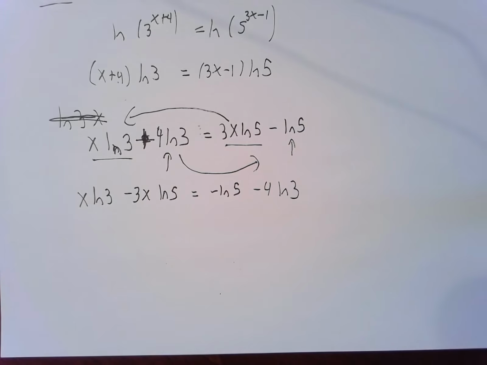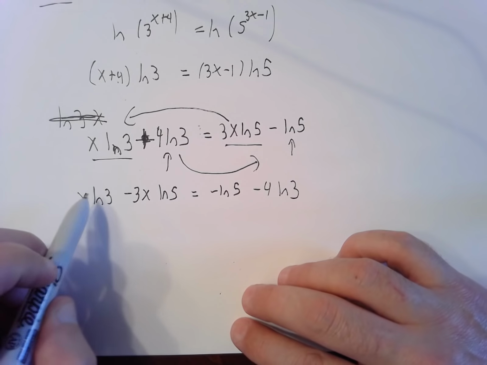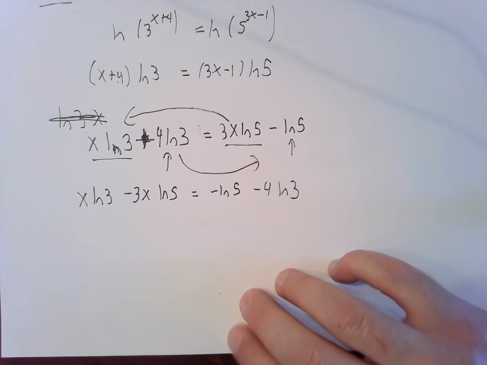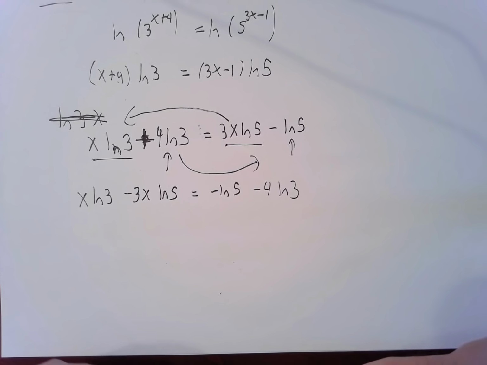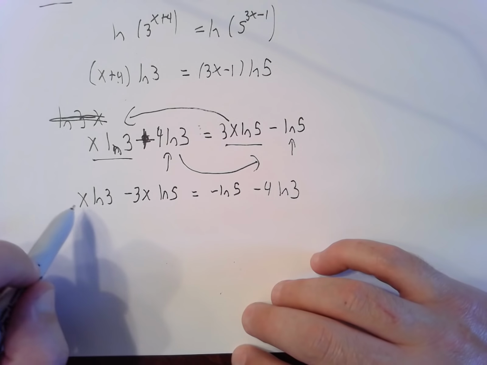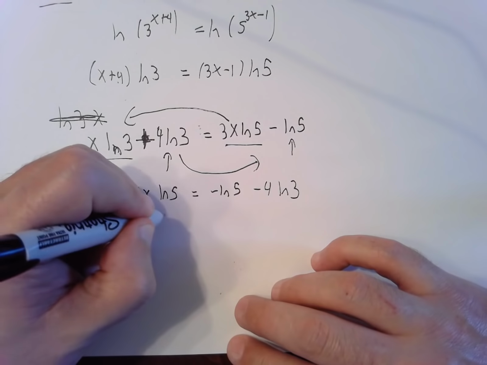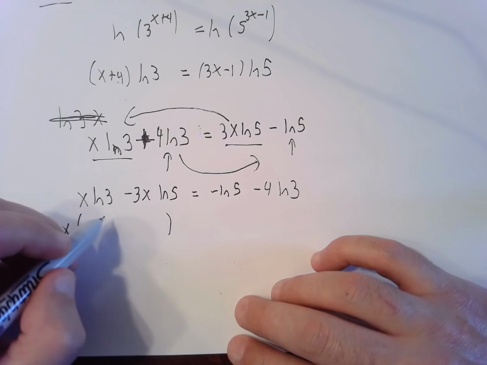So I just moved some terms around. I still have 4 terms. Now, on the left side, I've got so many x's and so many x's. Essentially, all I'm doing right here is combining like terms. I have a common factor of x here. I'm going to factor out that common factor of x and write down what's left over.